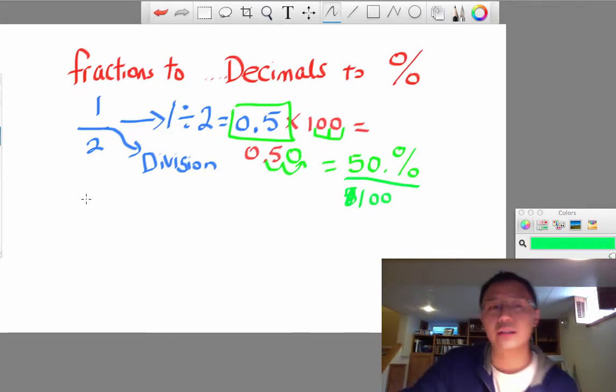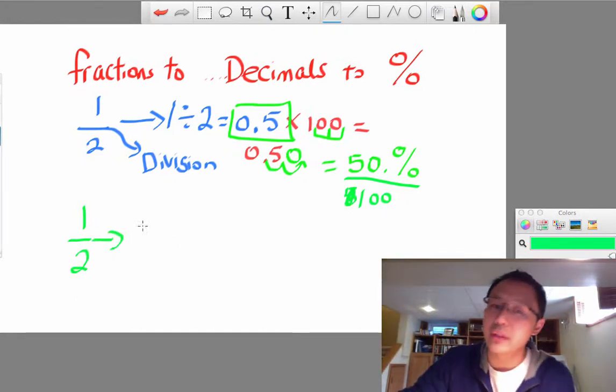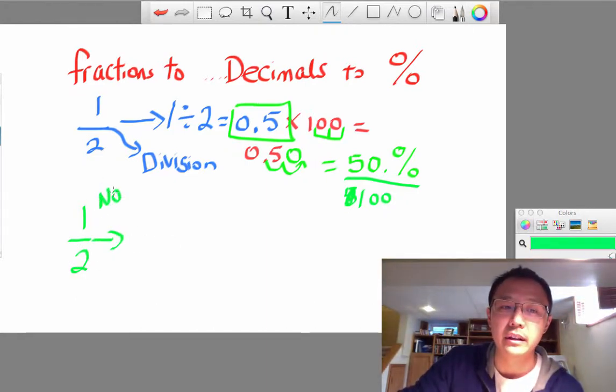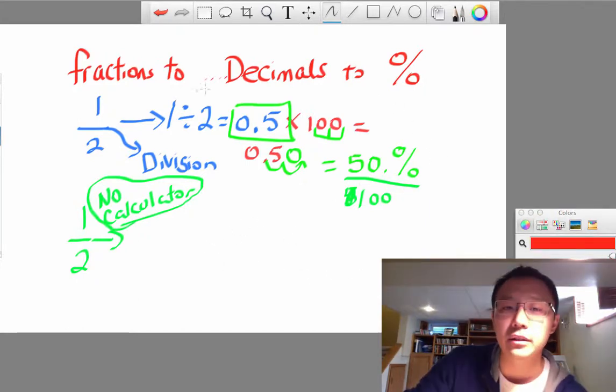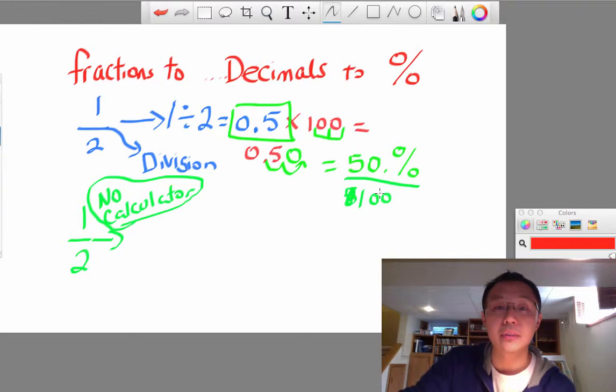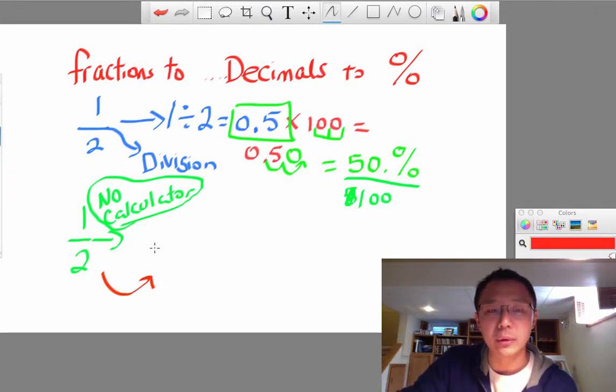So the question here is, can we change this 1/2 into a decimal number without using a calculator? So no calculator. The trick of doing this could be a little bit tricky at first, but going back to the original one about percentages being out of 100 and decimal multiplied by 100, the trick here is that you're going to find an equivalent fraction that is out of 100.